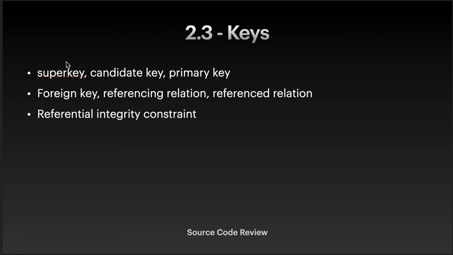And it's important to note that sometimes you can't go back and forth. In other words, one relation can reference another with a foreign key, but the other relation can't always reference the first relation with a foreign key.